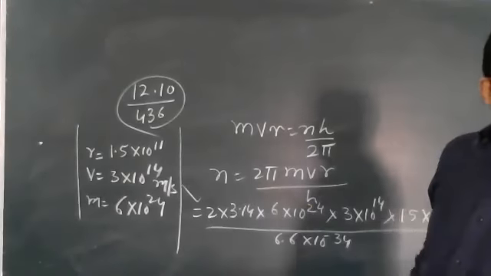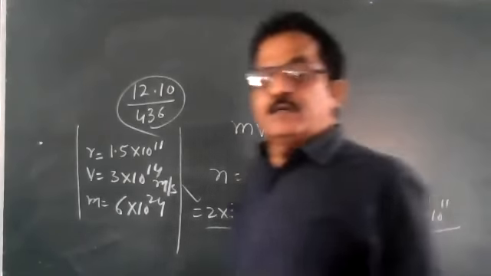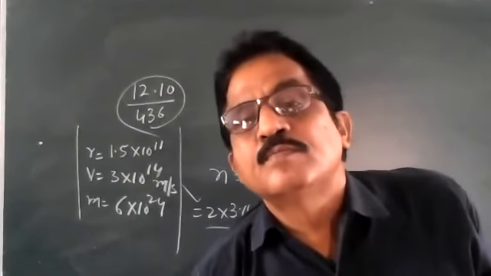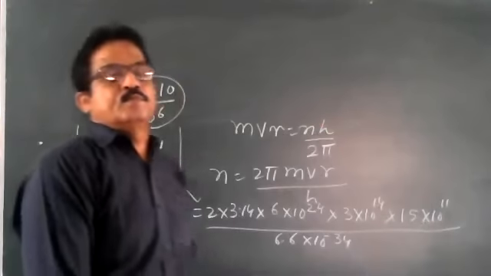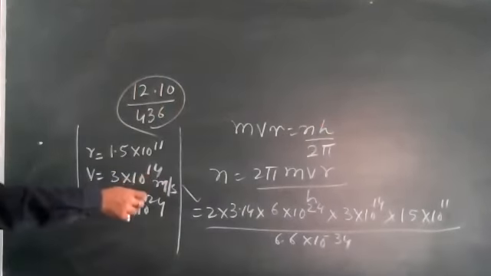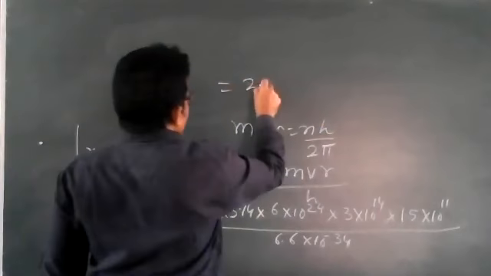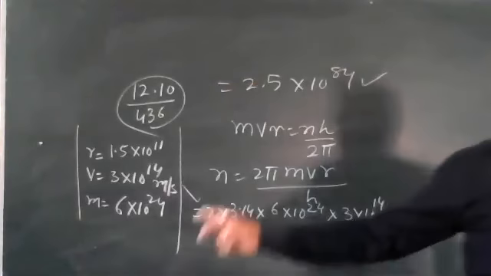Now when you solve, you will get about 2.5 into 10 raised to power 84. This is the value of n here.